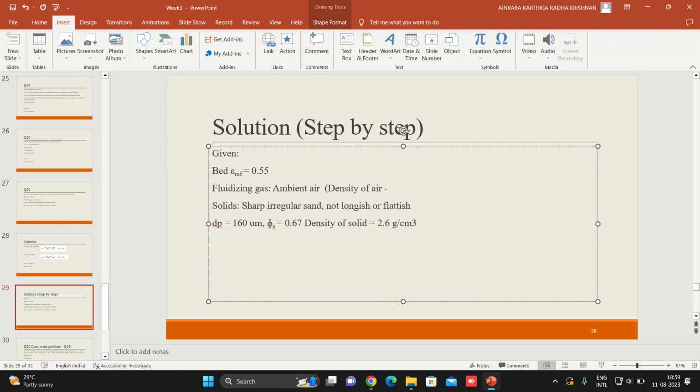Density of air is equal to 1.2 kg per meter cube, and what is one more property of air?